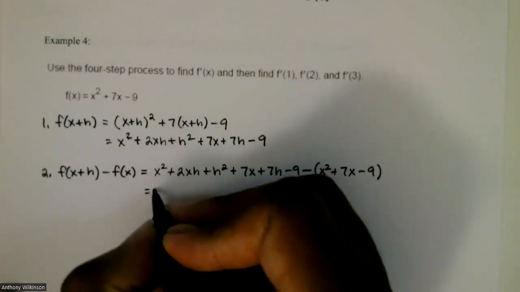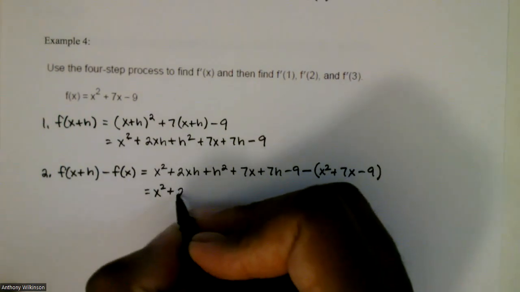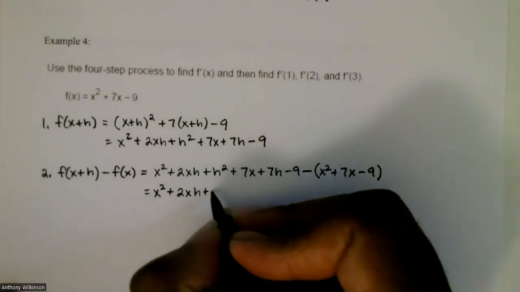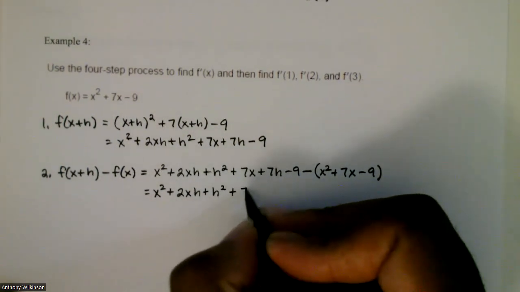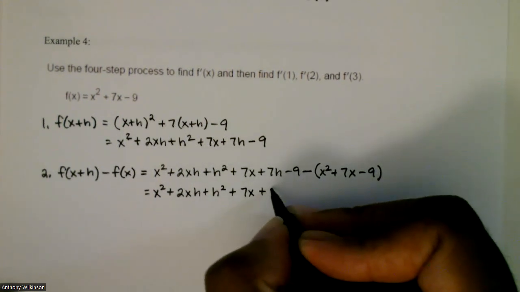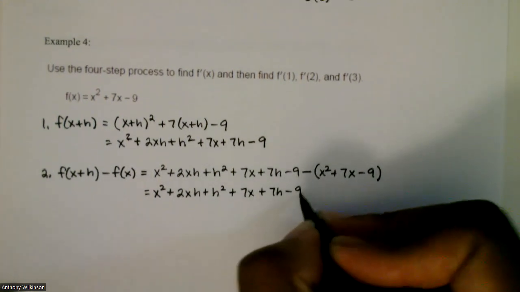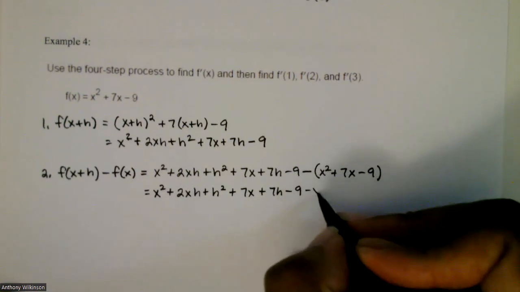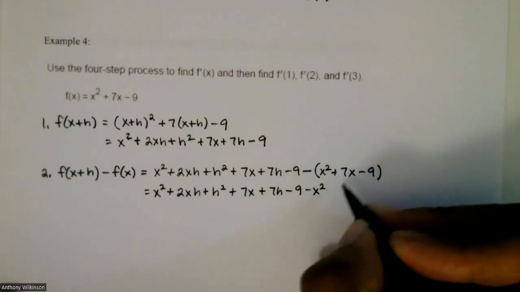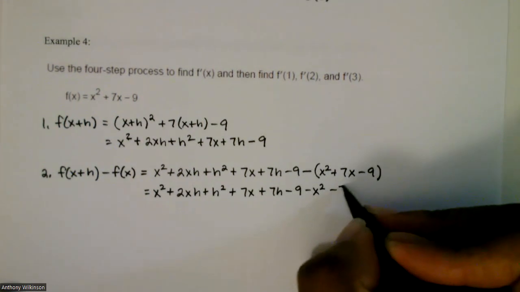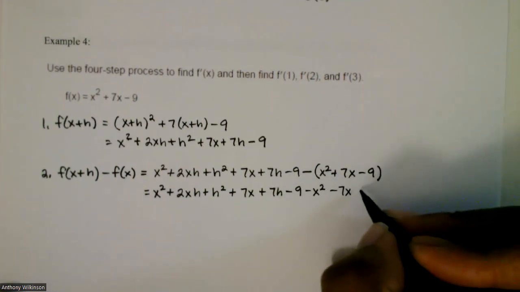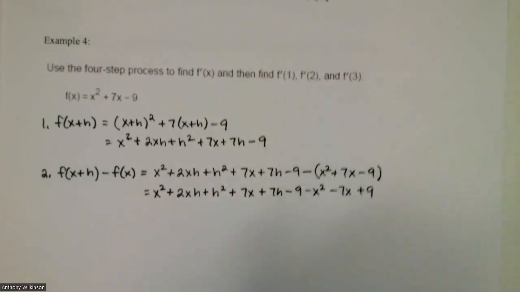All right, next, bring down the x squared plus 2xh plus h squared plus 7x plus 7h minus 9. The minus makes the x squared minus x squared. The minus sign makes the plus 7x minus 7x. The minus sign makes the minus 9 plus 9.